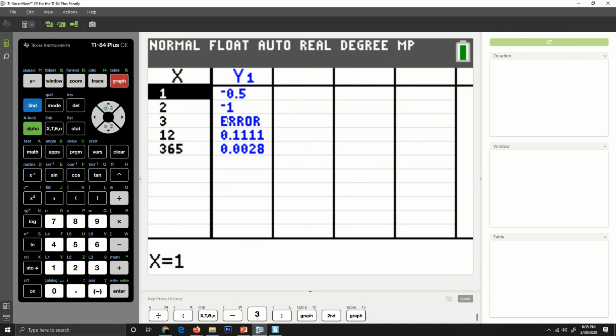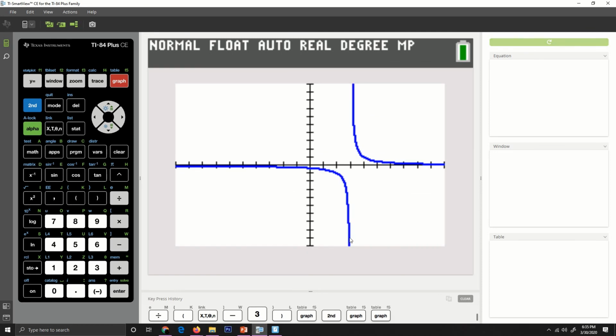It's undefined at 3, and that causes this vertical asymptote. It's just an imaginary line that goes right there, and the closer the function gets to 3 from the left-hand side, the closer it gets to that line x equals 3, and if I'm coming in from the right, the closer I get to 3, the closer this thing looks to that line x equals 3.